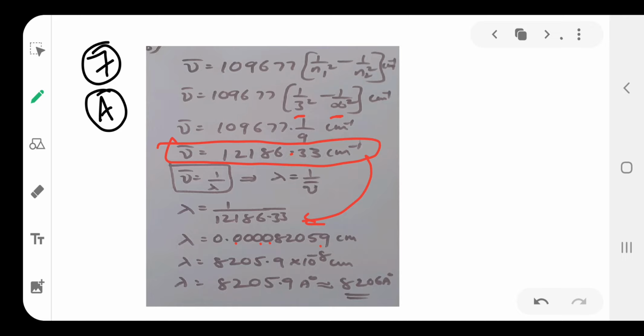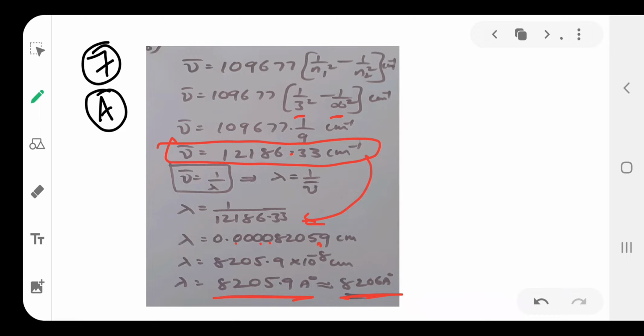Here, 8205.9: we put the point 8 digits after, that's why 10 power minus 8 centimeter. 10 power minus 8 centimeter is equal to 1 angstrom. Therefore 8205.9 angstrom, approximately equal to 8206 angstroms.